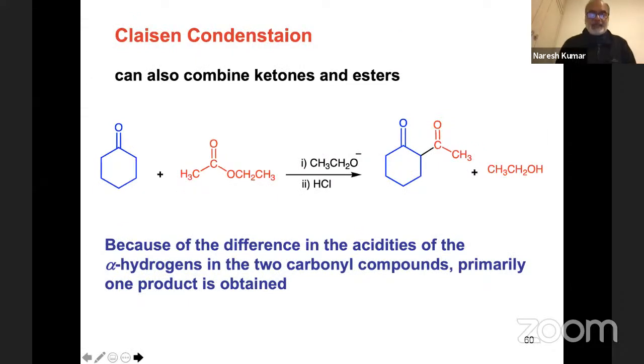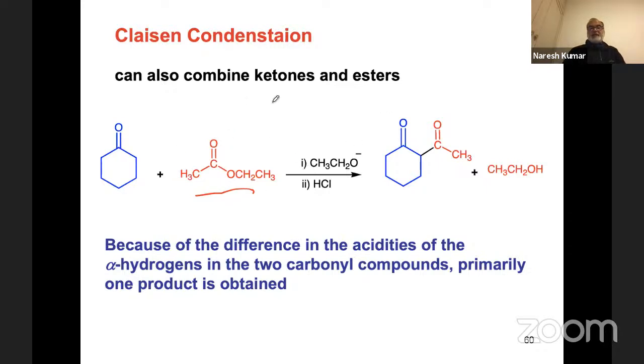Also, the Claisen can be done between a ketone and an ester as well. So it doesn't have to be between two different esters or two same esters. It can be a ketone and an ester as well. And again, you can get useful compounds from these kinds of reactions.